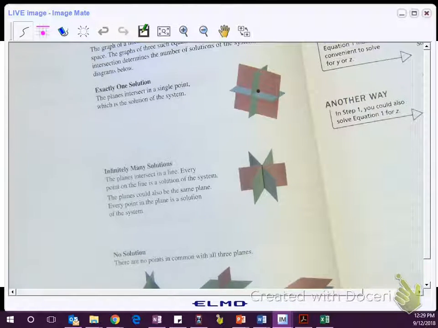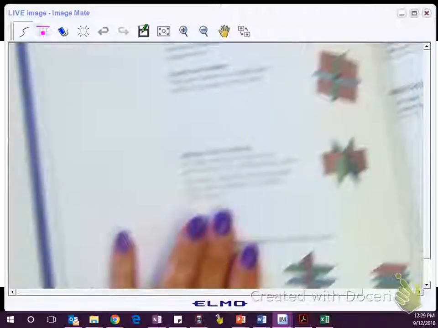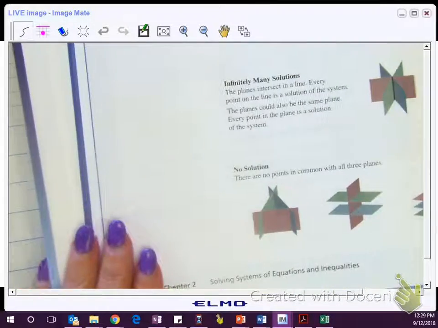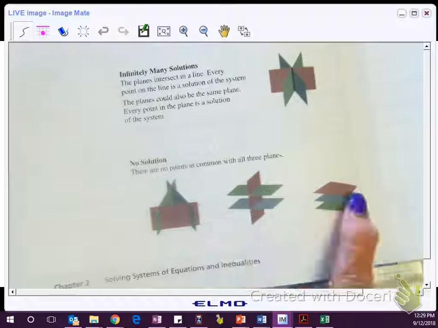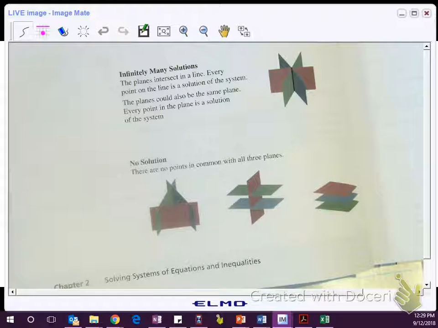If you get any of these three on the bottom, there is no solution because there is no place where all three are at the same point. They don't share the same space anywhere.